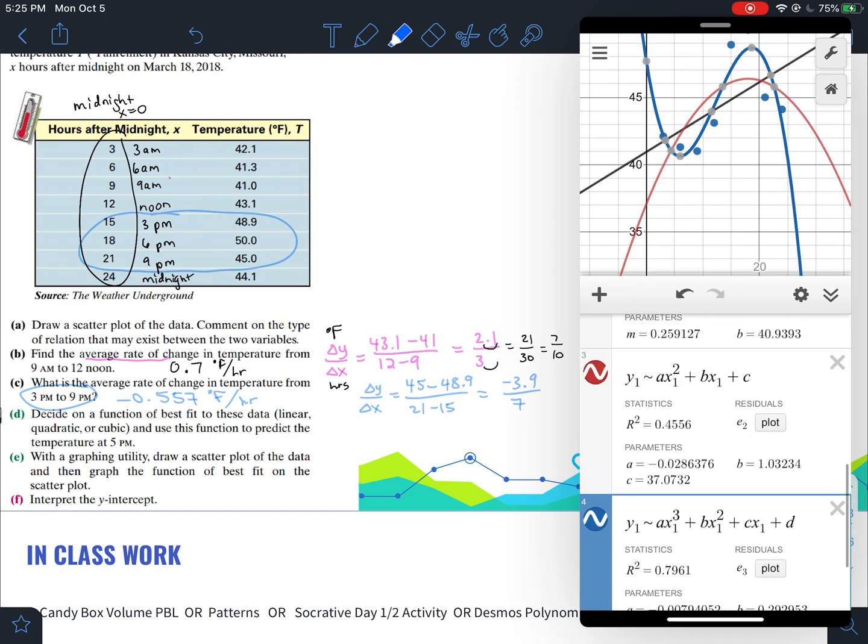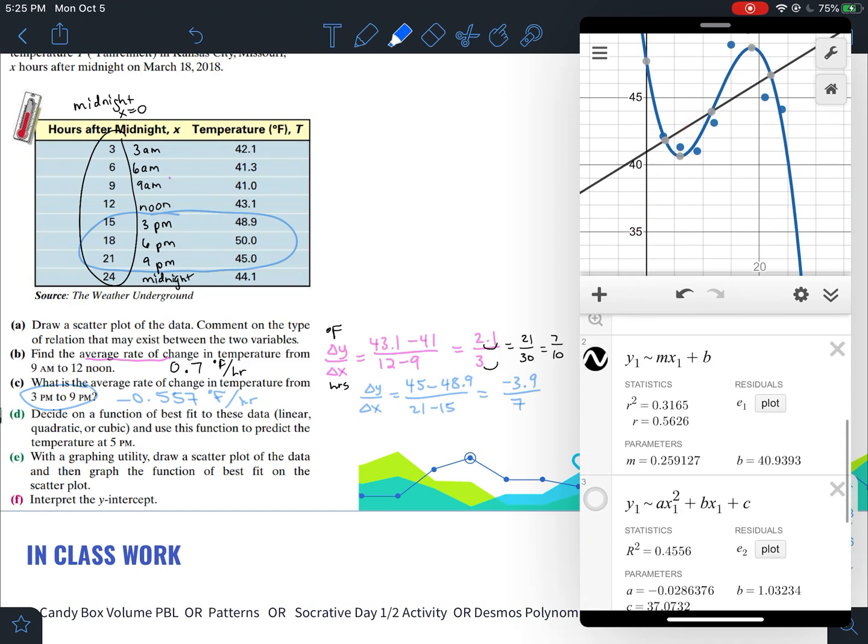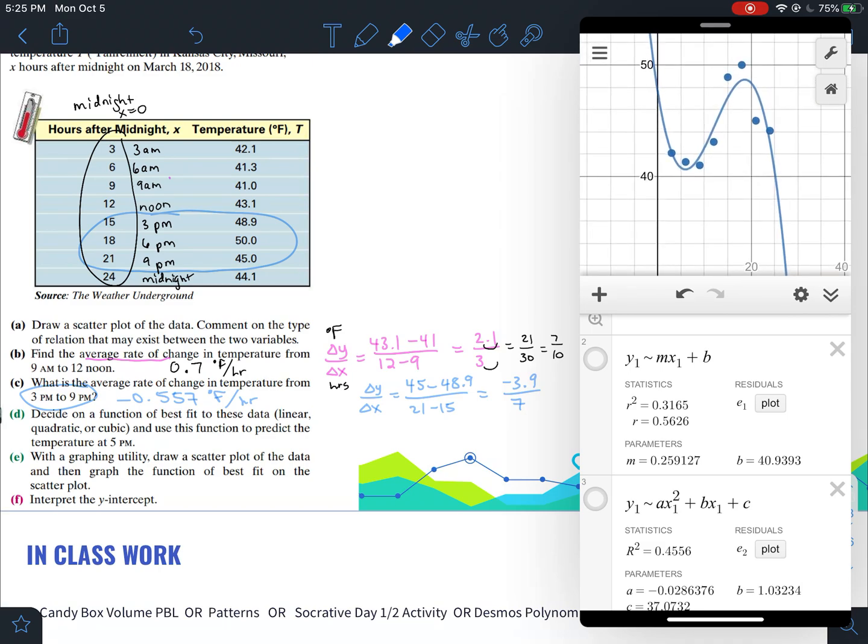That looks to fit the data way better than either of the other ones. So I'm going to undo my quadratic and my linear. It's not perfect, but it seems to follow the data points the best. So my cubic function looks the best.